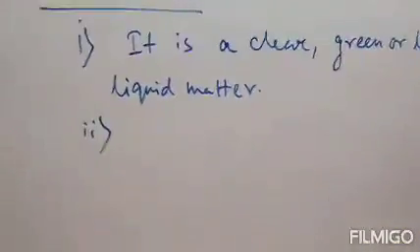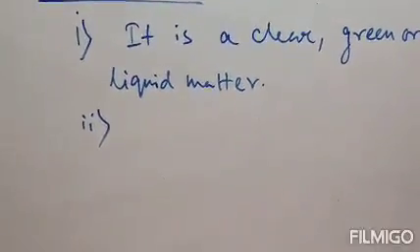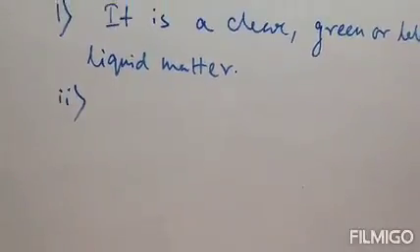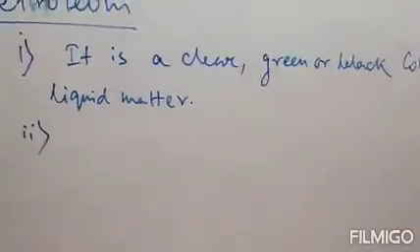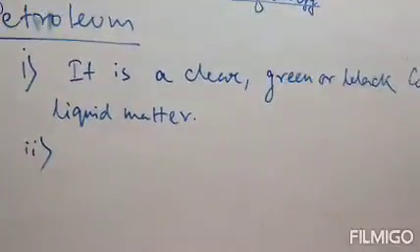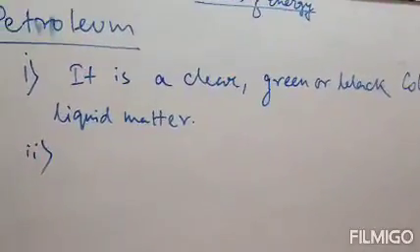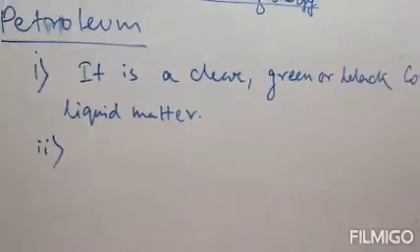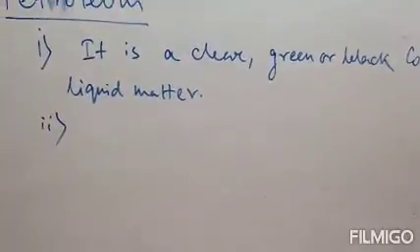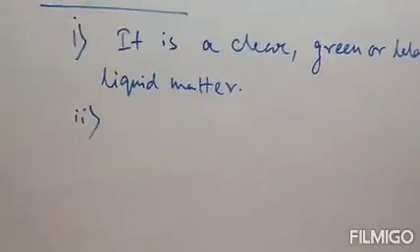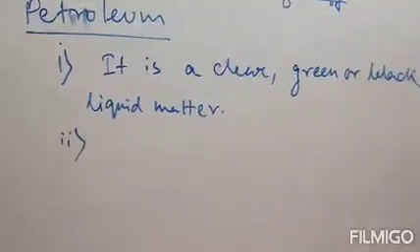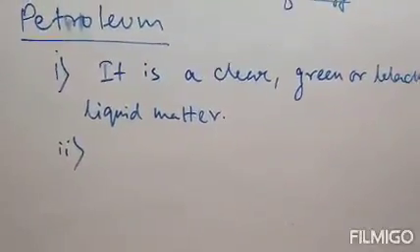The second property is that it can be either thin like gasoline or thick like tar. Gasoline means a light liquid matter that comes from petroleum, clear? So it can be either thin like gasoline or thick like coal tar. We have discussed what coal tar is in the previous session.